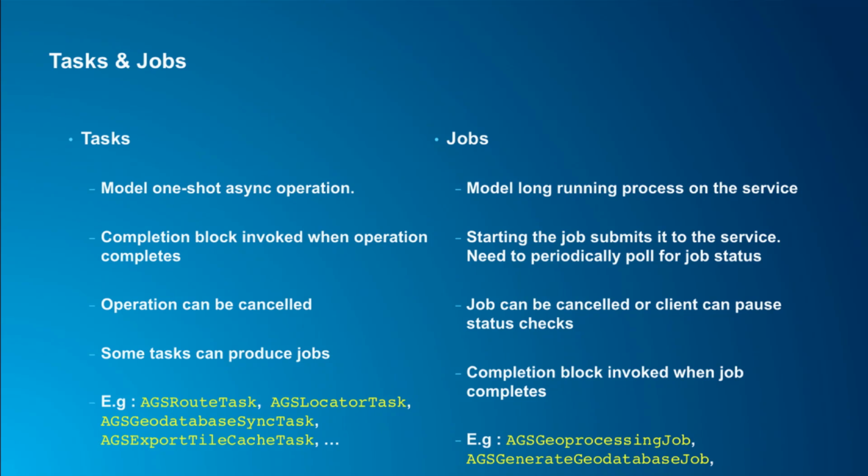So we model these differently in the SDK. If something's long running, it's a job. For instance, geoprocessing is a job. Downloading data from a tile service or a feature service is a job because it could take time. And you'll find it based on the hierarchy of the classes you're working with.